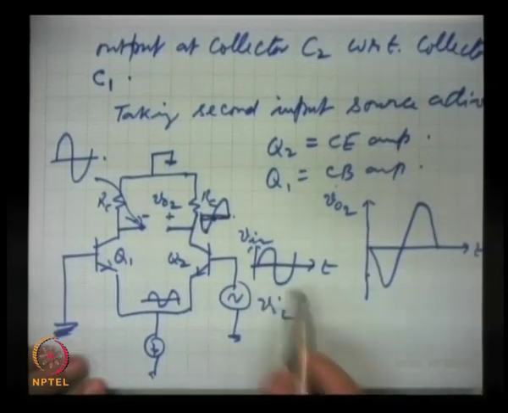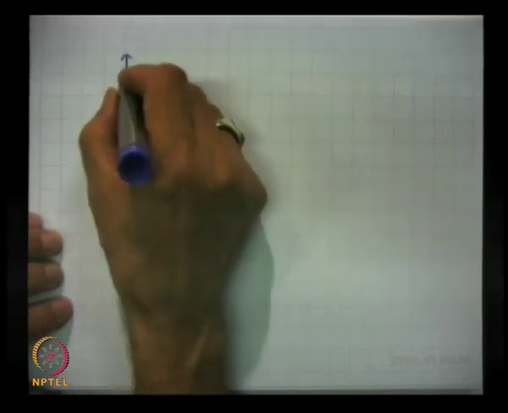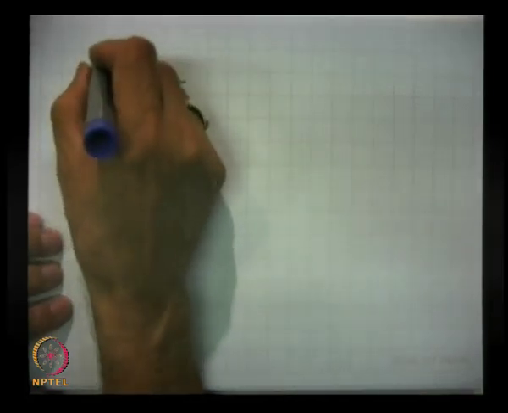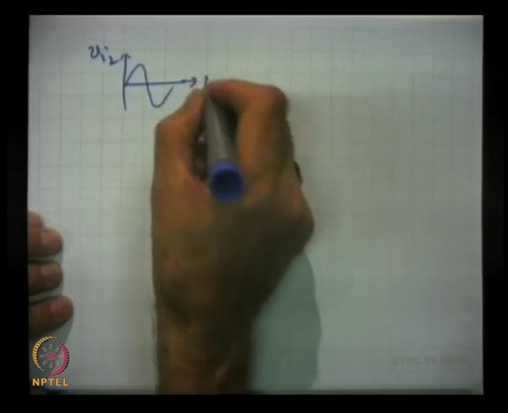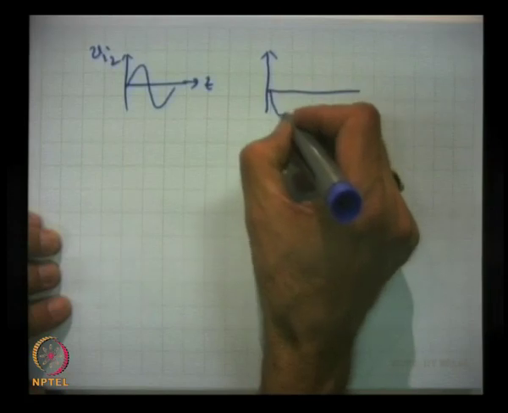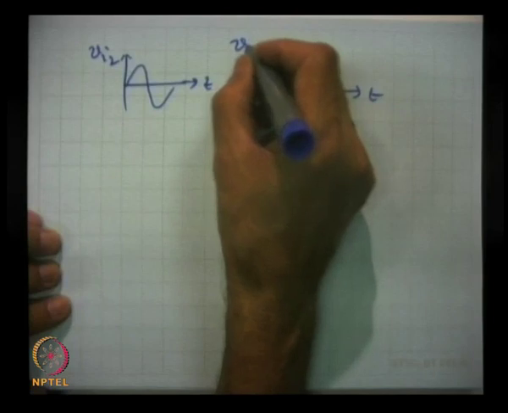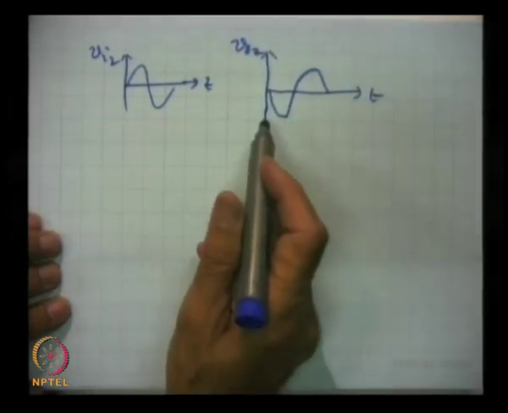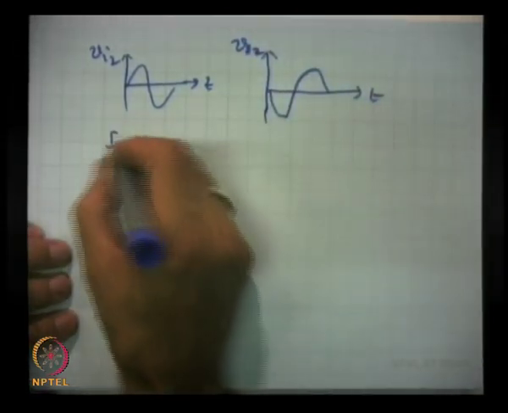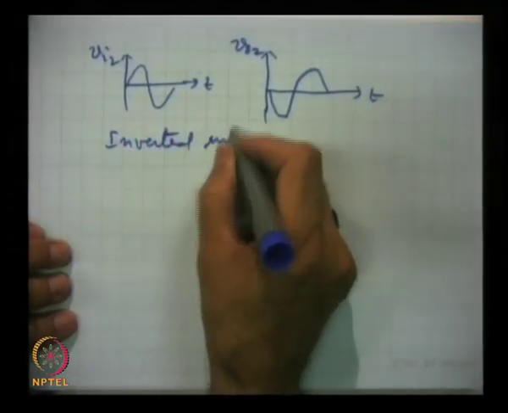Now compare these two. This is an inverted output here. For this input, this is Vi2 as a function of time. This gives output like this, VO2. So this is the inverted input.